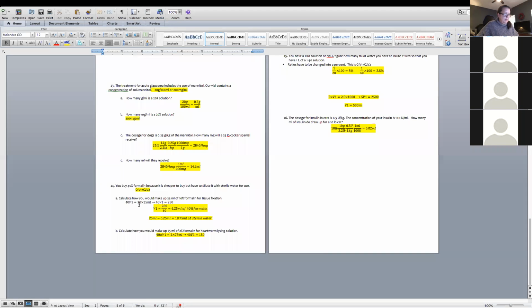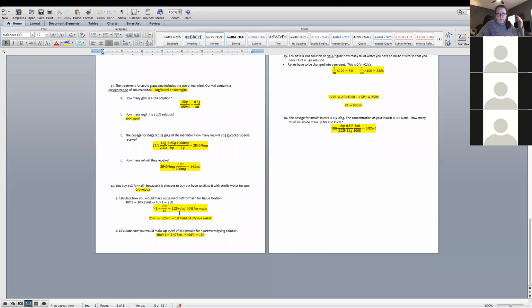So you're going to put 10 over 25 because you want a 10% solution of 25 mils. If I do volume over volume, then 10 times 25 is 250. I divide that by 40. That tells me that I need 6.25 mils of my 40% formalin that I have.